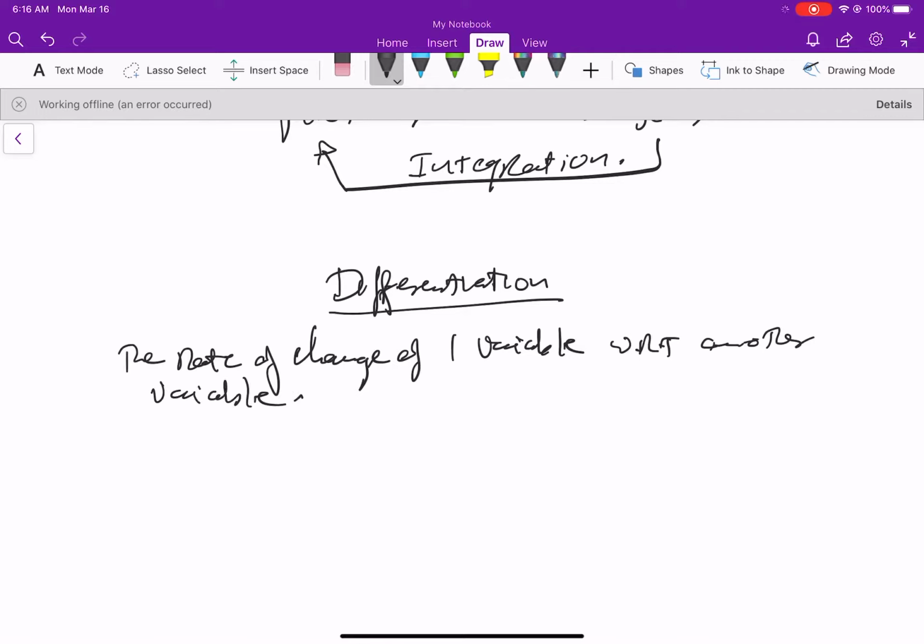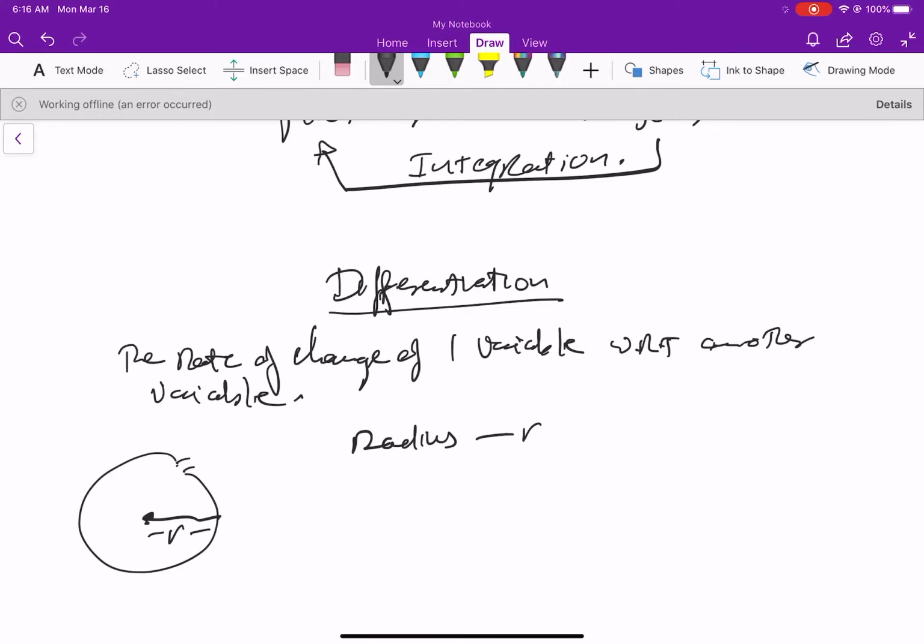So here's a pretty simple example I like to use. Here's a balloon, and you're blowing air into that balloon. We're going to assume that this balloon is spherical, so it has a radius of r.